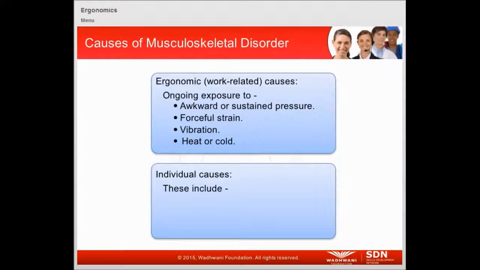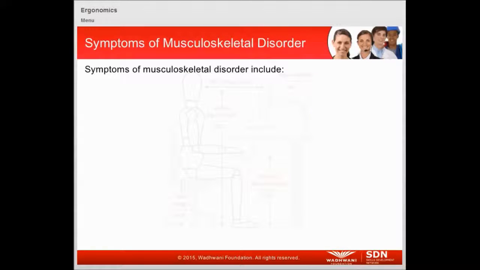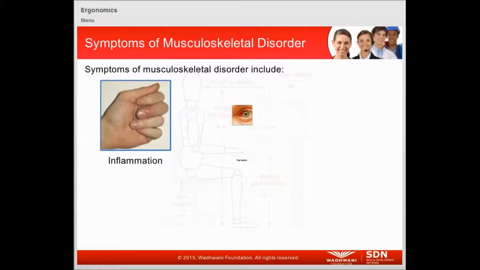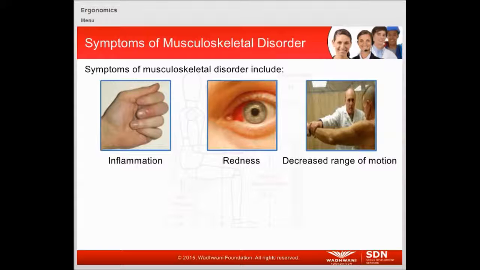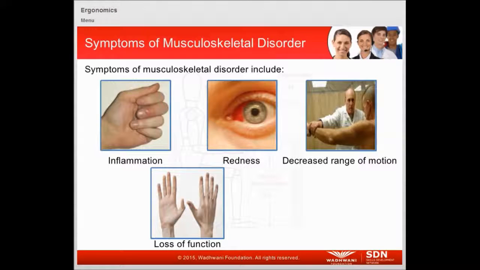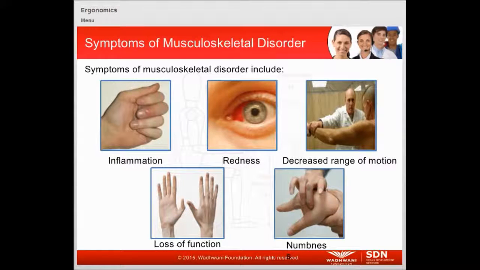These include poor work practices, lack of proper rest, poor nutrition, health habits. Symptoms of musculoskeletal disorder include inflammation, redness, decreased range of motion, loss of function, numbness in the excessively used body part or muscle.